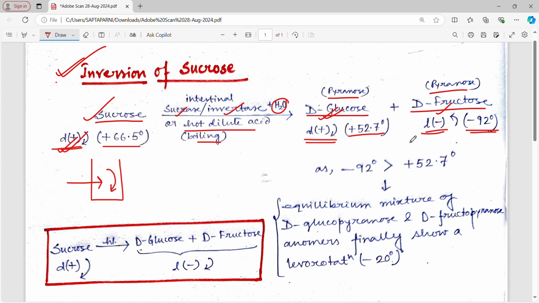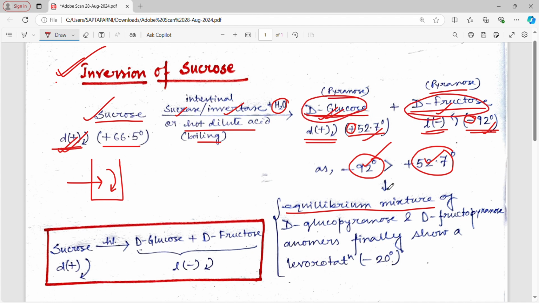If we just see the values 52.7 and 92, irrespective of the plus or minus sign, which one is greater? Obviously 92 is greater than 52.7. So upon hydrolysis, the equilibrium mixture of D-glucopyranose and D-fructopyranose will show overall levorotation.